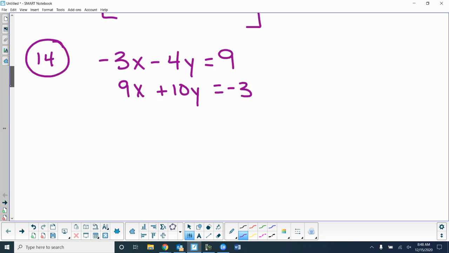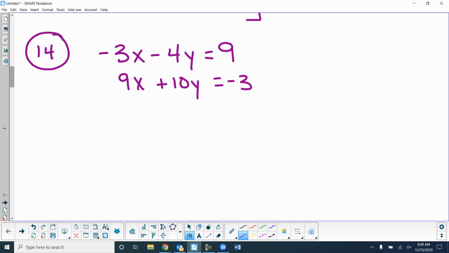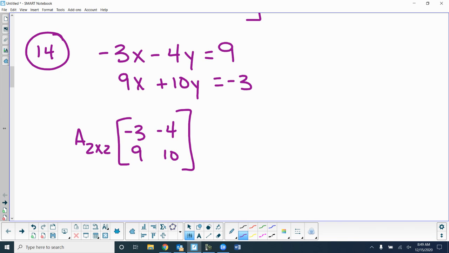What we did is we took the coefficients of the x's and the y's and made our A matrix, which is 2 rows, 2 columns. So it looks like this. And then we made a B matrix. That's 2 rows, 1 column.